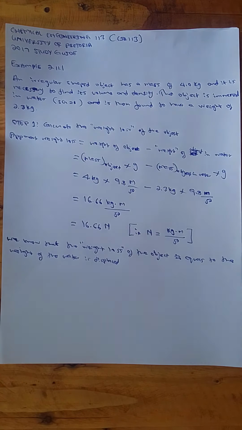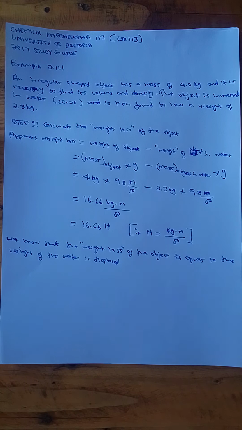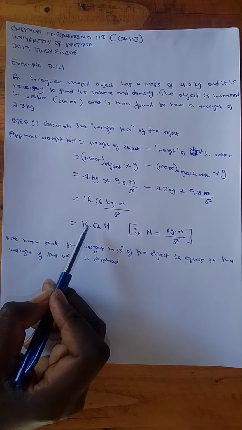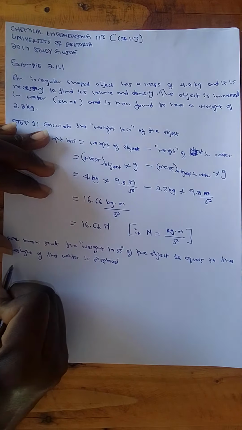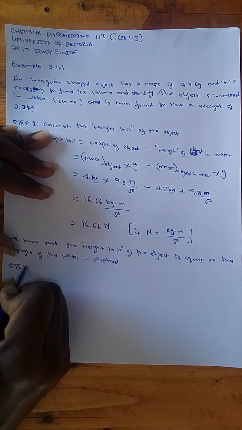This is something that we don't need to figure out or calculate. It's a principle that we learned throughout the chapter. So now that we know that the weight loss is equal to the weight of the water displaced, we can move on to our step 2.